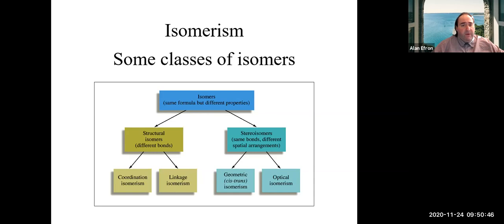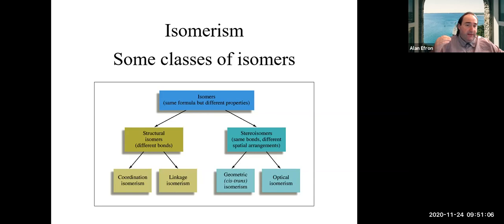We also talked about coordination number and ligands. Remember that there are some that are monodentate, which means each ligand attaches to the metal through one atom. There are ones that are bidentate, which means each ligand can attach through two atoms per molecule.